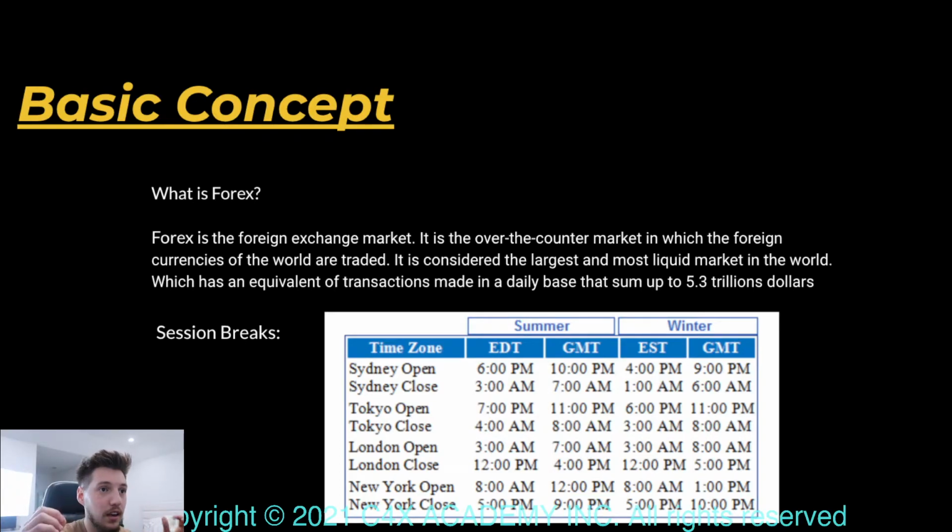It's bigger than all these other things, with an equivalent of transactions made on a daily basis that sums up to $5.3 trillion. That's actually a lie. It's over $6.2 trillion now because it keeps on growing and growing. So you guys can see how many transactions are made every single day. That sums up to over $6.2 trillion in daily transactions.